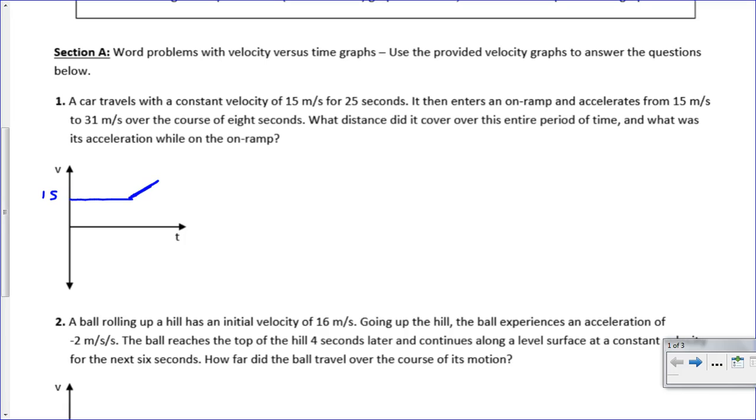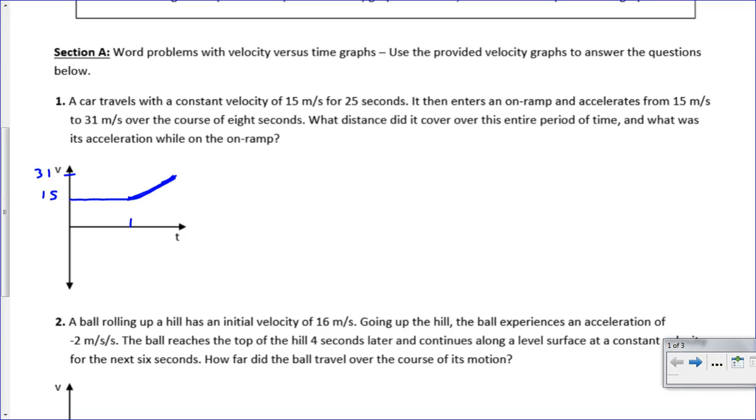So we have here an acceleration upward to 31 meters per second over the course of 8 seconds. So this is accelerating upward at this point, and it happens over the course of 8 seconds. So we go up here to 31.